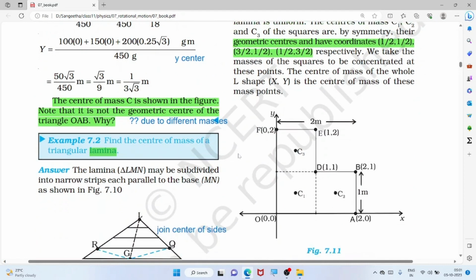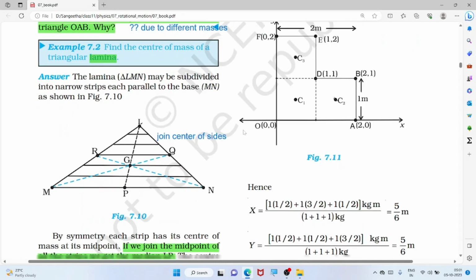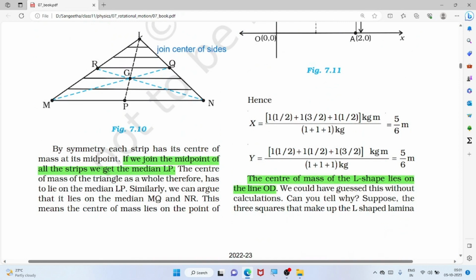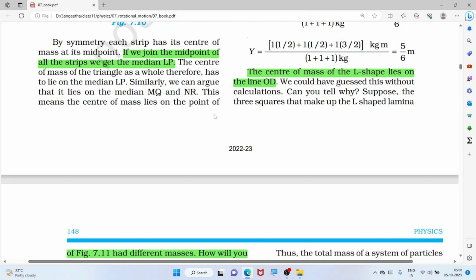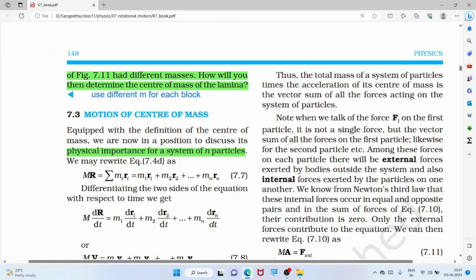For this kind of case, consider it as three blocks, find the center of mass of each block, then find the final center of mass x, y. If they have different masses, then you have to put the mass accordingly.